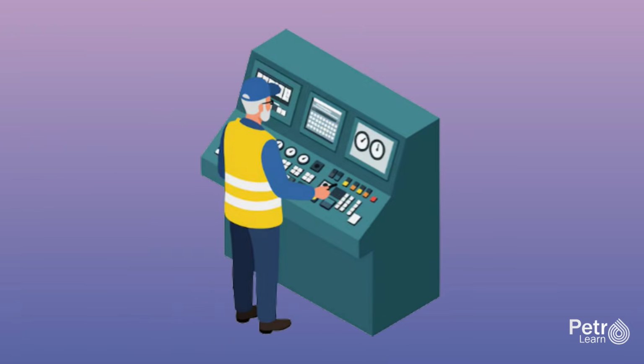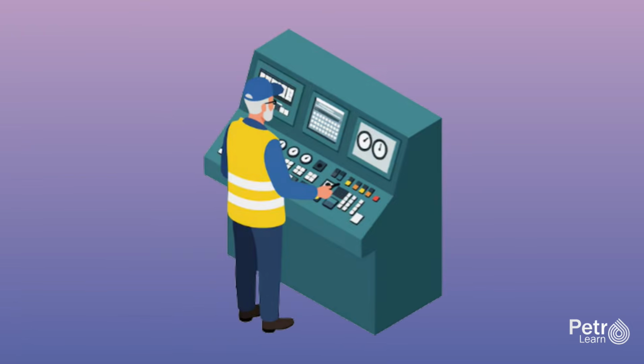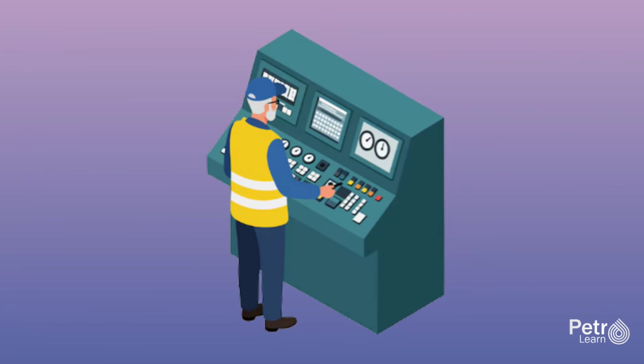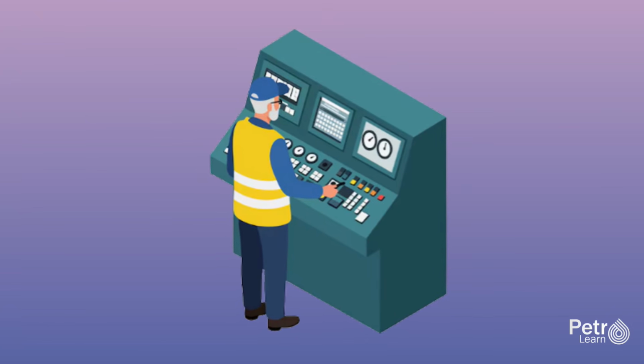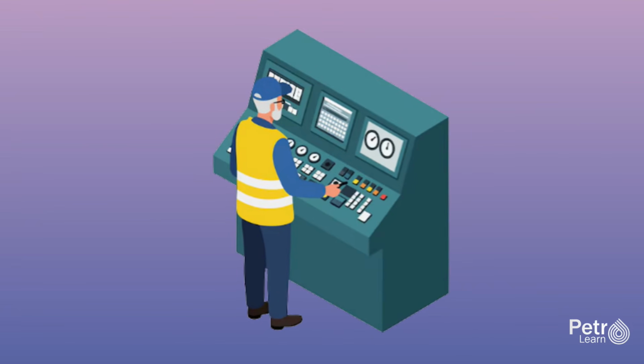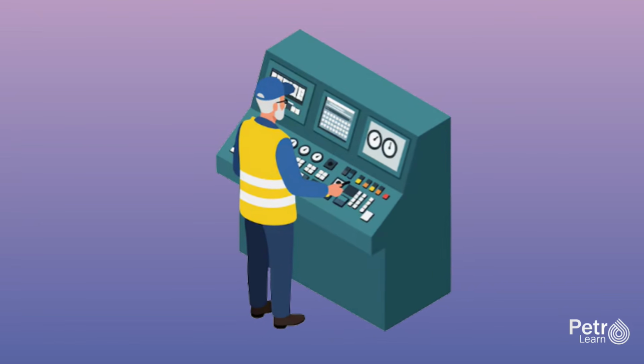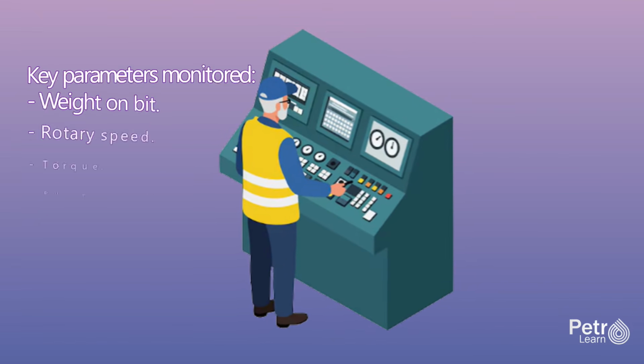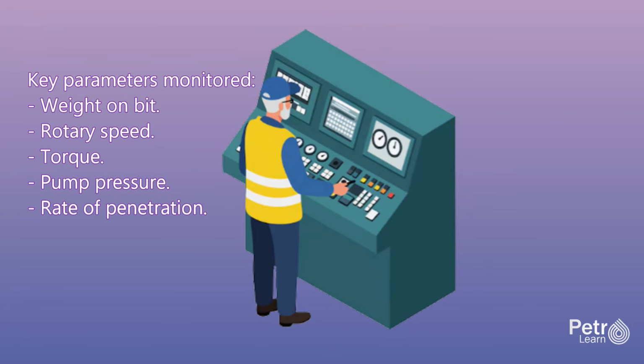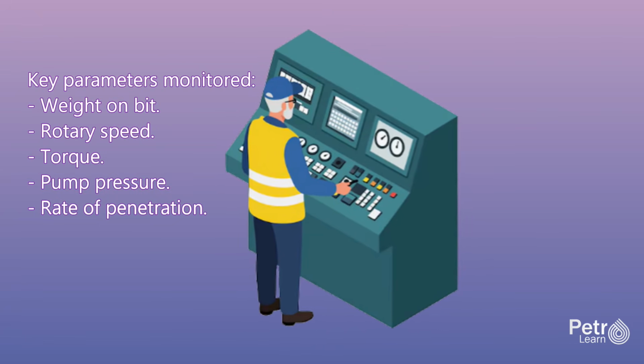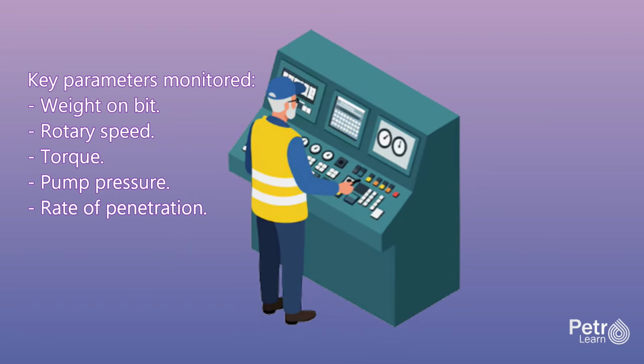With the rig assembled and systems tested, drilling can begin. The driller operates the rig from a control console that may have 50 or more gauge switches and computer displays. Key parameters monitored include weight on bit, which is how much downward force is applied to the drill bit, typically 10,000 to 50,000 pounds.